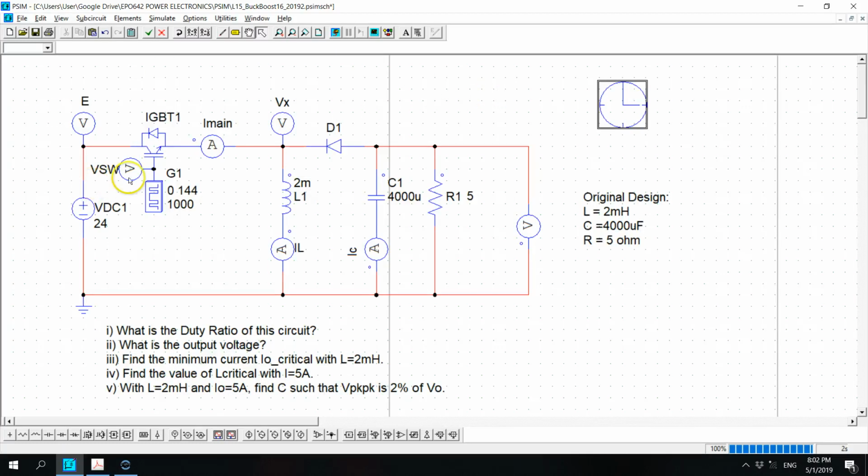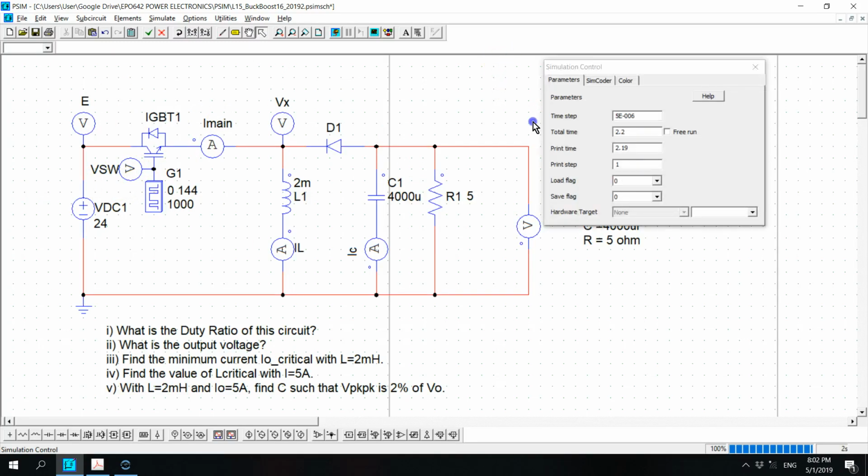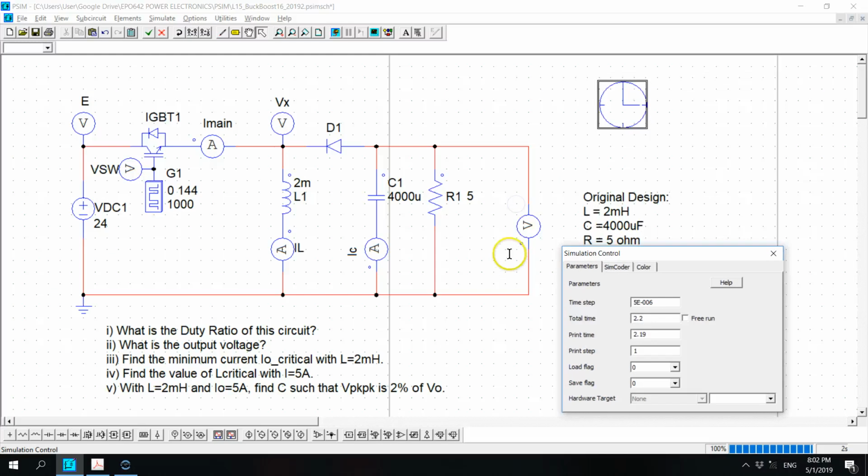in understanding the circuits. So if you want to simulate the circuit, make sure that you follow this simulation control, whereby the time step should be very small, because your switching frequency is now 1000 Hz. It's no longer 50 Hz, but it's 1000 Hz. So this will be the time step.